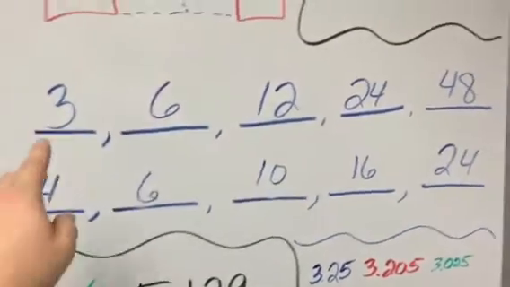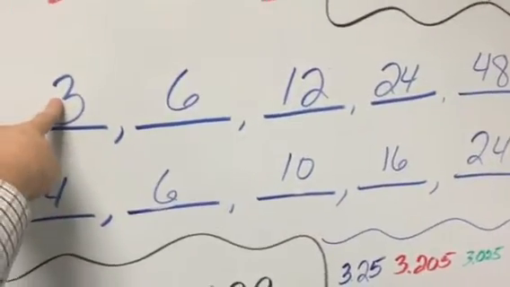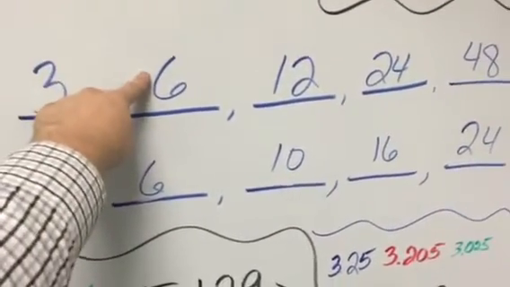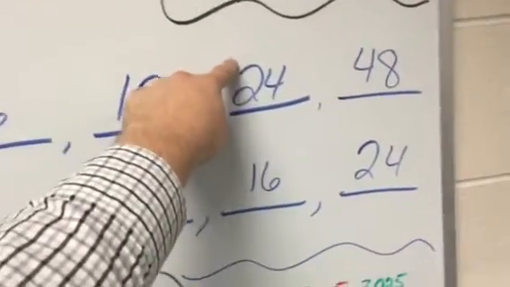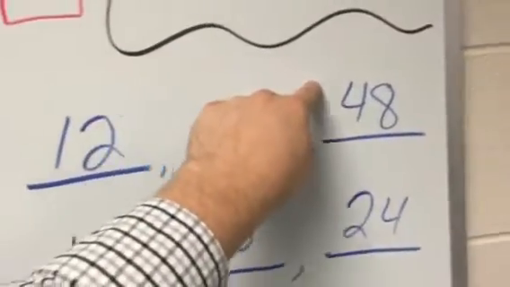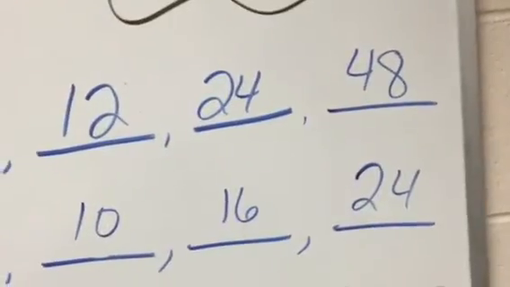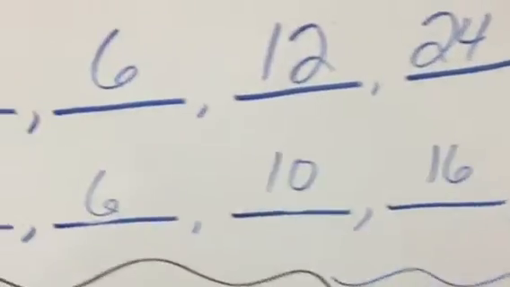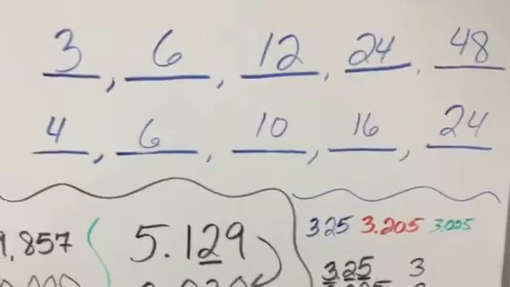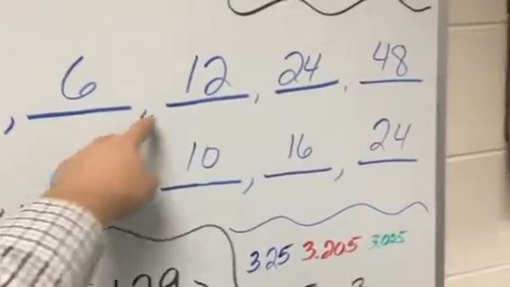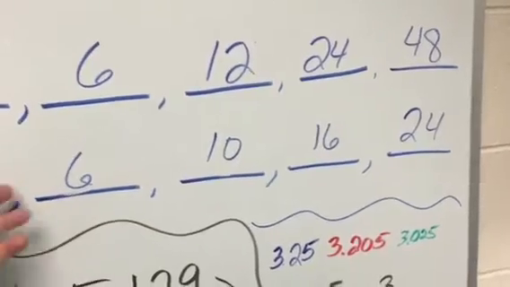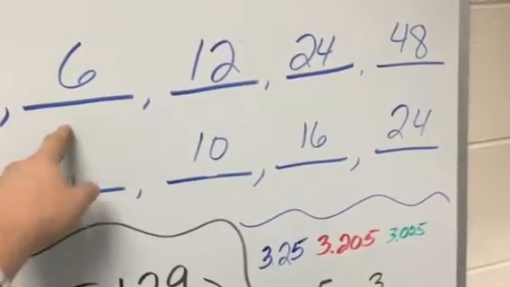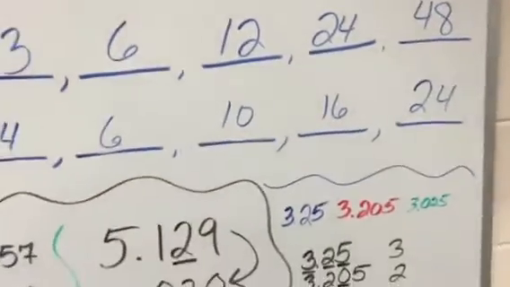Yeah, if you take 3 and multiply it by 2, you get 6. 6 times 2 gives you 12. 12 times 2 gives you 24. 24 times 2 gives you 48. That's kind of a tricky one. And here's another tricky one. What about this bottom one? We have 4, then 6, then 10, then, I mean, there's nothing that you can multiply to get 6, or anything that you could add and then have the same thing go here.